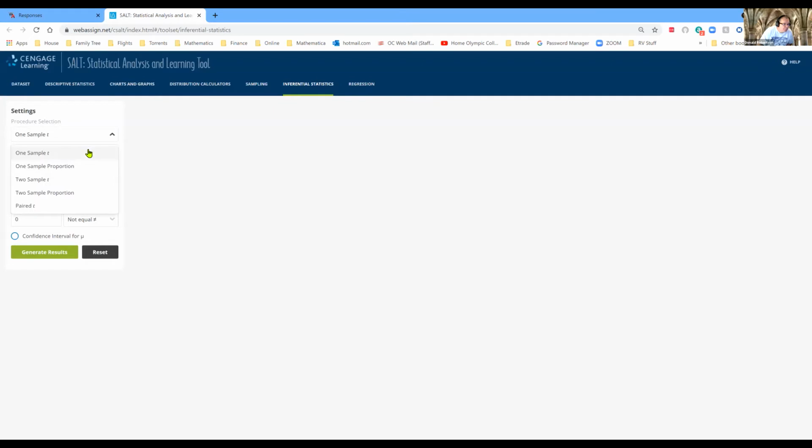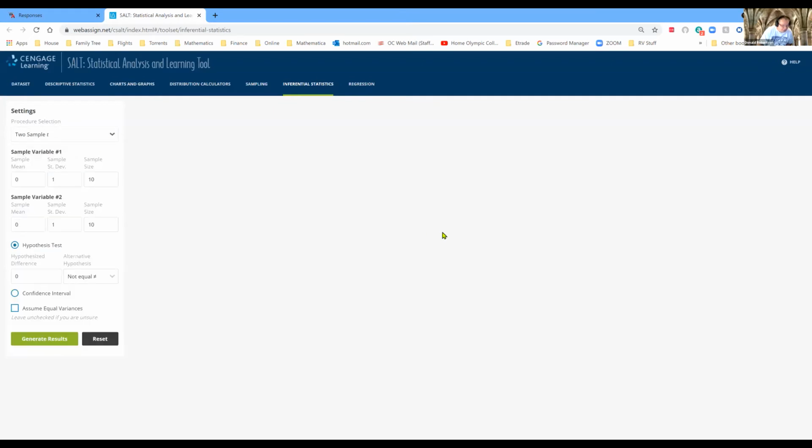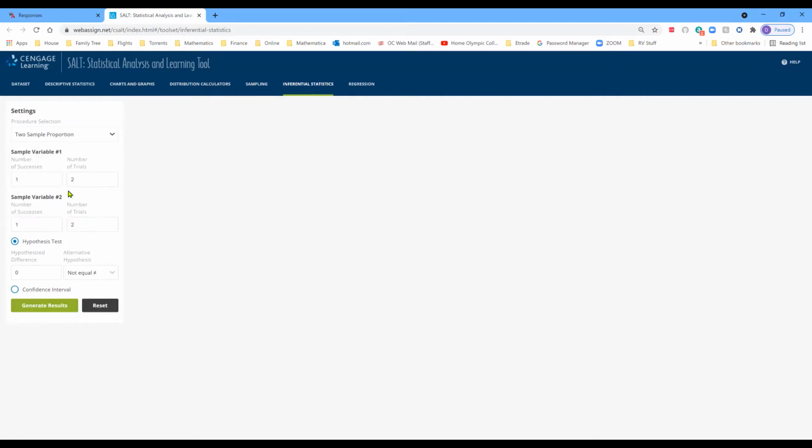So it's going to be a 2 sample. It's a proportion, so it's 2 sample proportion. Number of successes, 751, out of a total of 2405. And for the second variable, it was 337 yeses, 337 successes, out of 1488.